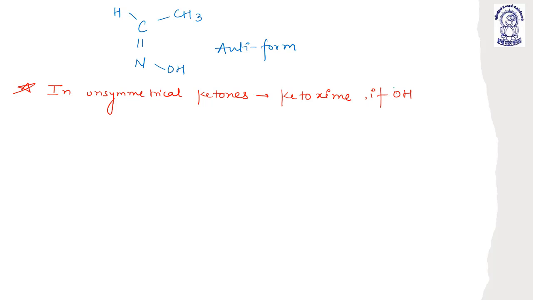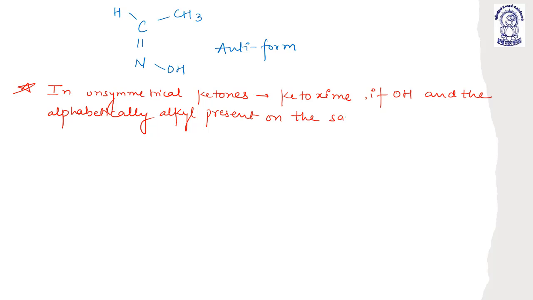If OH and the alkyl group that is alphabetically prior are on the same side of the double bond, then it is called syn.